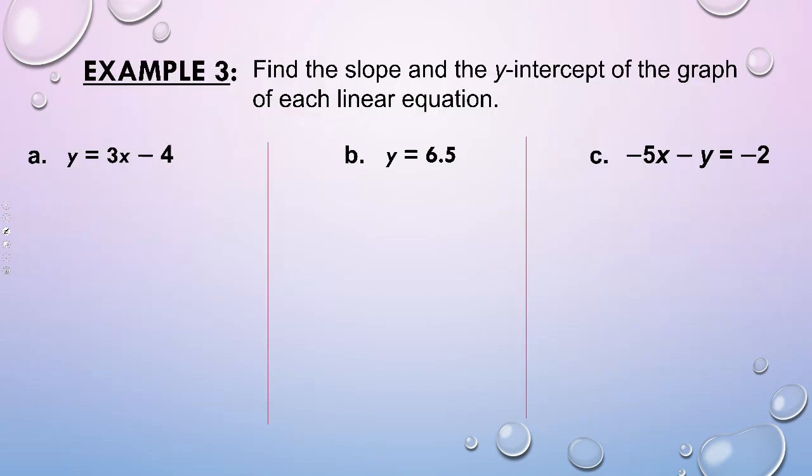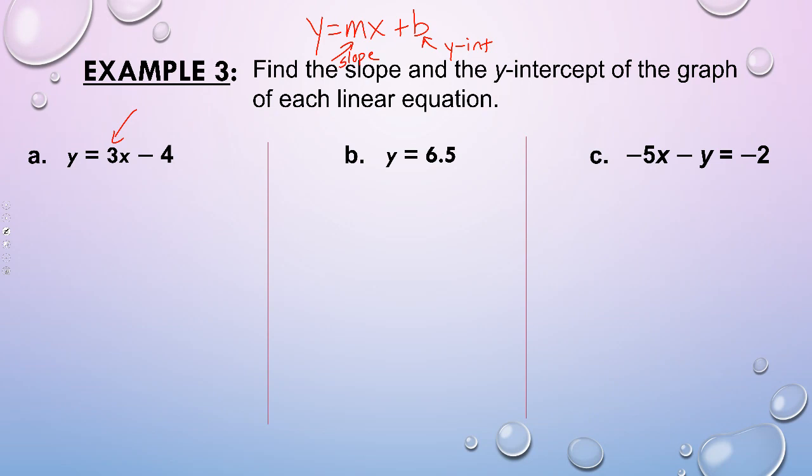So let's look at some examples here, where we're asked to find the slope and the y-intercept of the graph. So in A, it's already in slope-intercept form. So our value next to the x, remember, y equals mx plus b, is slope-intercept form. M is the slope, and then b is your y-intercept.